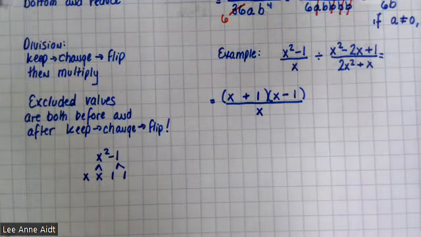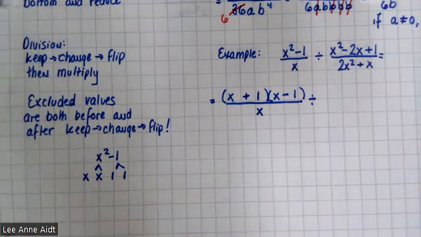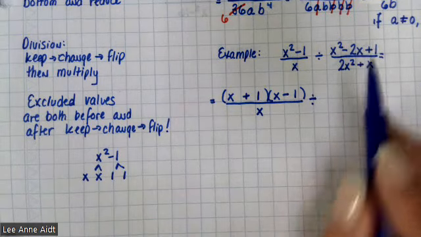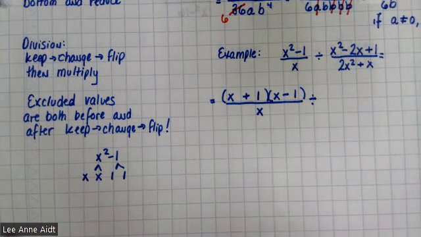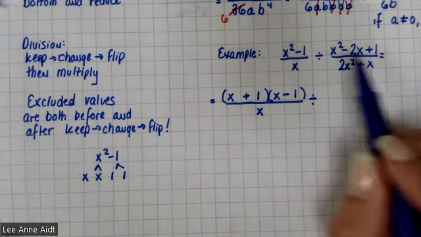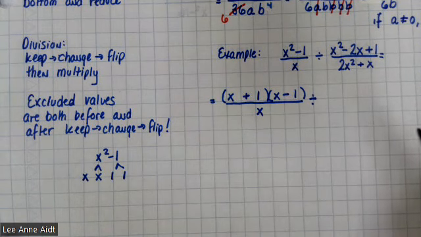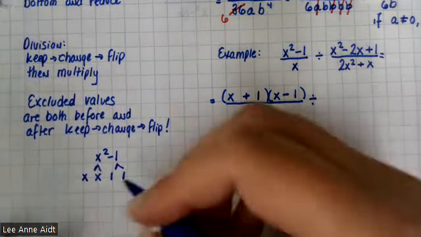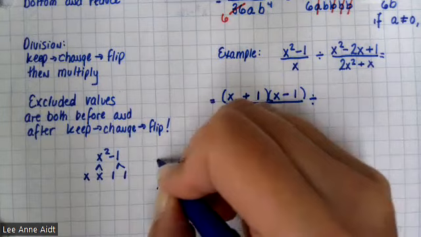Over x divided by. Okay, what type of factoring is this? How do I factor the numerator? If you don't know this, you're just all quiet. I'm just gonna assume that you're all quiet. It's called diamond and box.